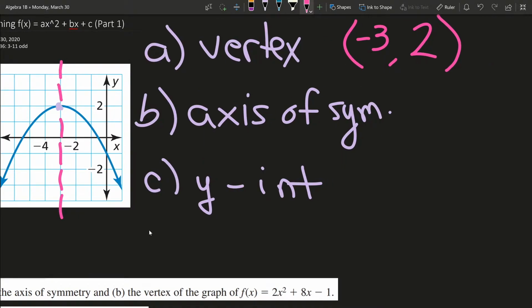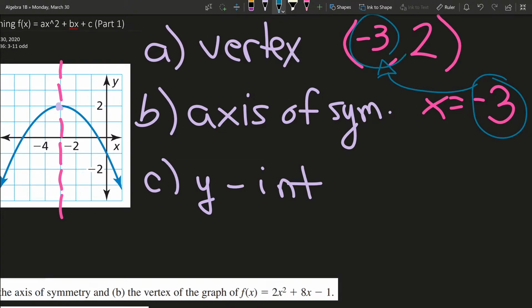We would write it as x is equal to -3. The vertex and the axis of symmetry should be somewhat similar because the vertex is on the axis of symmetry. This -3 is the same as the -3 over here because these two points are on the same line.